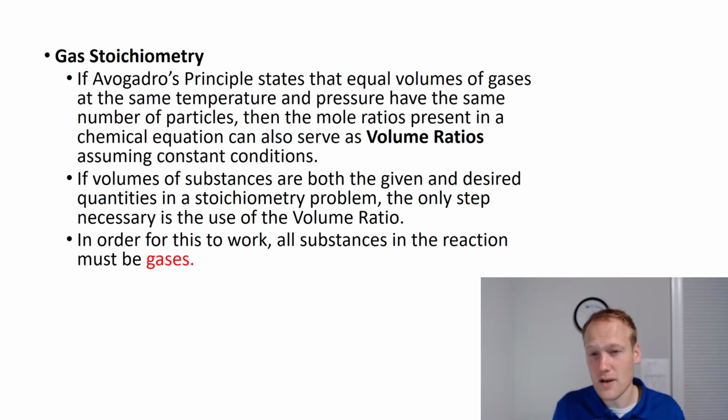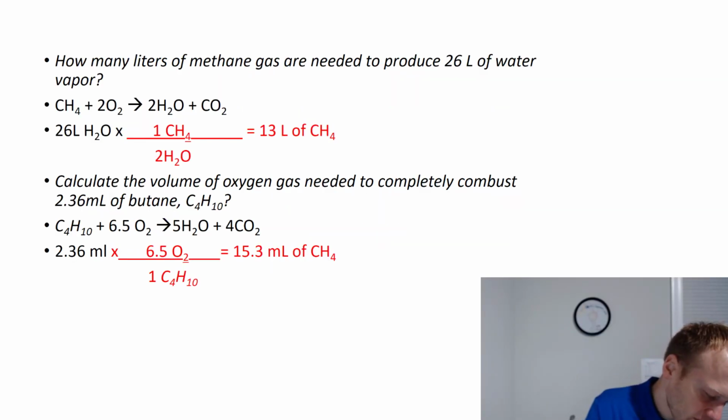The last thing we're going to talk about here is gas stoichiometry. This is pretty simple. Since Avogadro's principle states that equal volumes of gases have the same number of particles, we can use the coefficients in a stoich problem to determine the volumes of gases that we'll need to make them react evenly. So if you look here, it says how many liters of methane are needed to produce 26 liters of water.